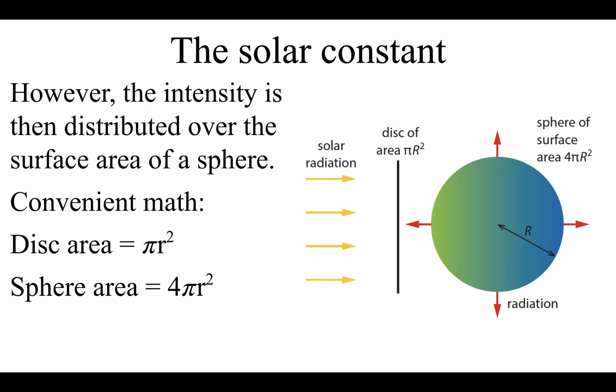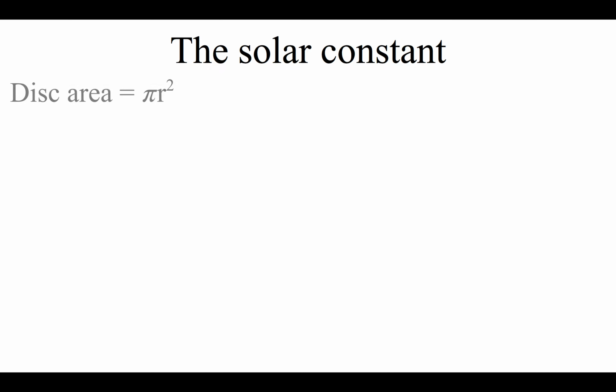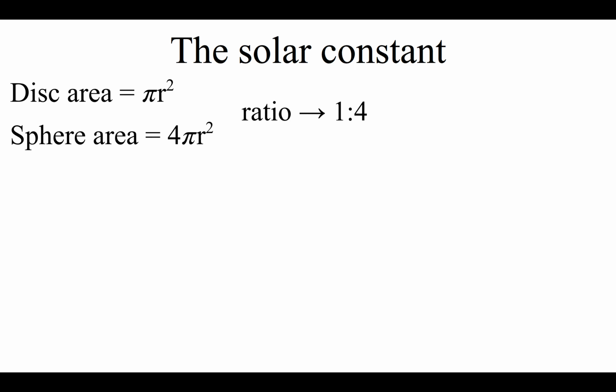And you'll see why this is convenient in a second. It is convenient because what we have then is a ratio of 1 to 4 between the area of the disk that the sunlight is effectively shining on, and the area of the sphere where that intensity is effectively distributed.